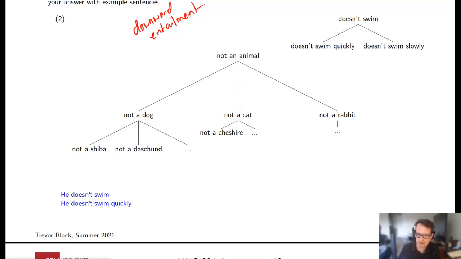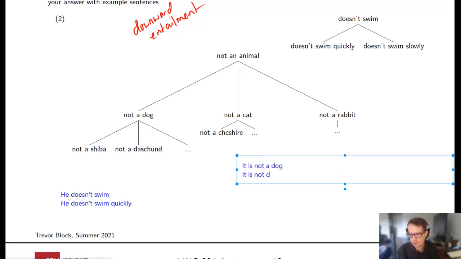So in this case, the general case, or the fact that he's not doing the general case, entails that he's not doing the specific case. So there you have downward entailment. Similarly, with the dog example, it is not a dog is going to entail that it is not a Shiba. Since if it's not a dog, it can't be a Shiba. But if it's not a Shiba, it can still be a dog.